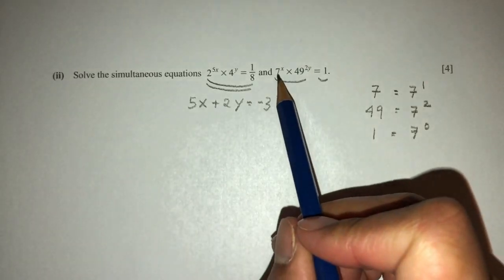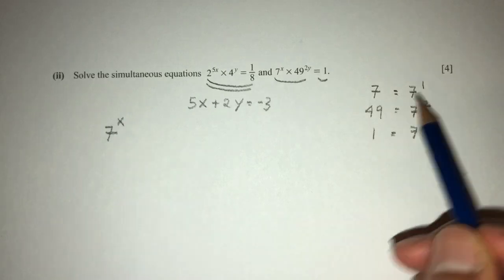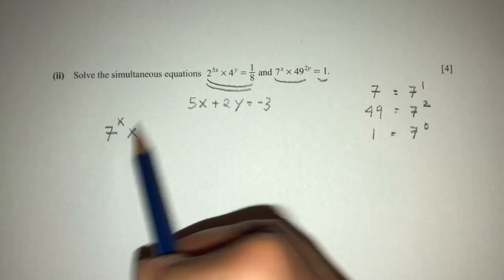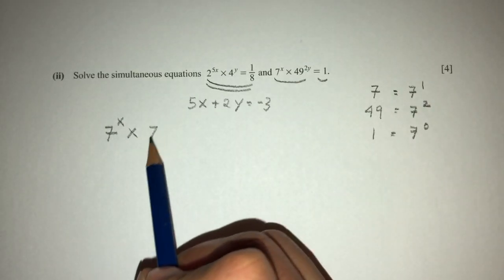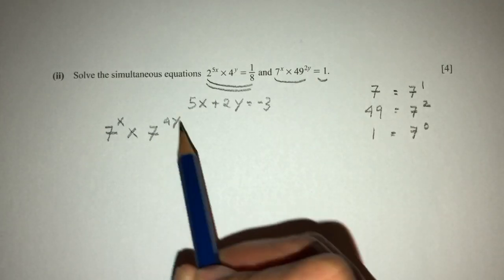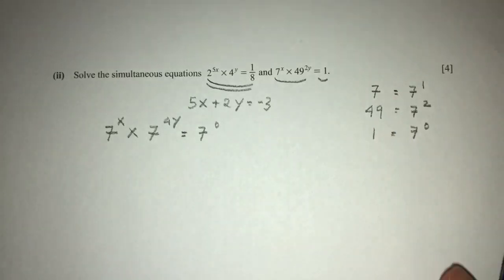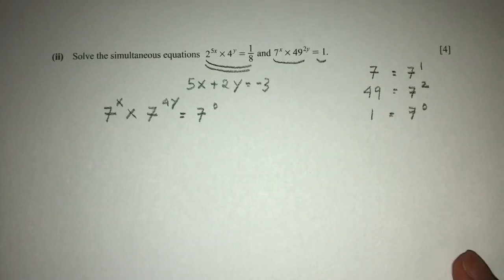So this one will be 7x, because it is the same, right? Multiply, here we have 49 will be 7 power 2 times 2y will be 4y, equal to 7 power 0. Now the same steps as before, we have to combine them.